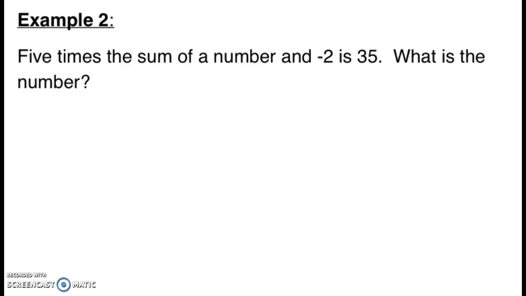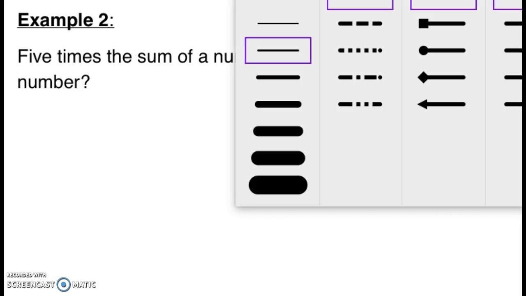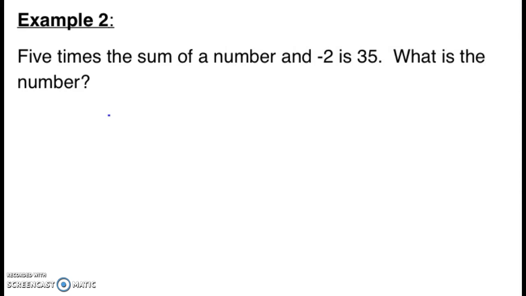Okay, let's try another one. So this one, 5 times the sum of a number and negative 2 is 35. What is the number? So this is tricky. When it says 5 times the sum of a number and negative 2, I need to multiply 5 by that entire thing. So that suggests to me that the sum of a number and negative 2 needs to be in parentheses.